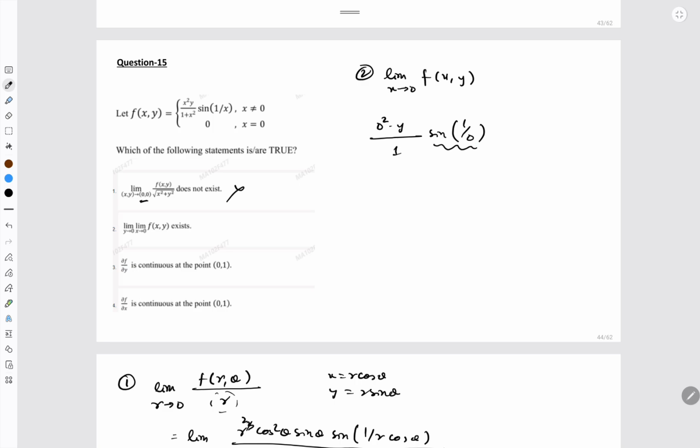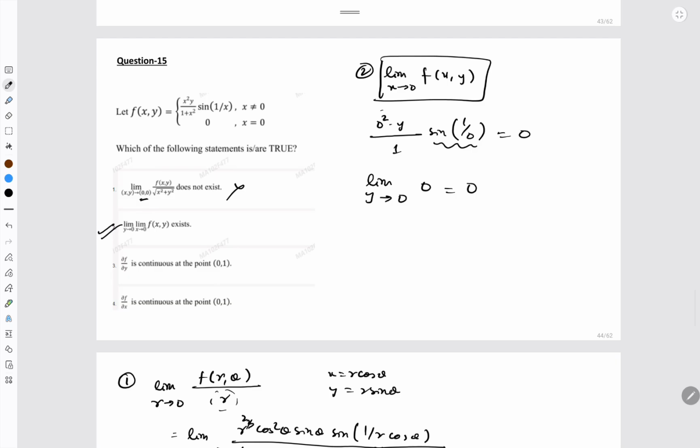This is a bounded function. We don't know the value of sine infinity, but it is a bounded function multiplied by 0, so it is basically 0 only. So limit x tends to 0 of f of x,y is 0 only. It is not dependent on y. So limit y tends to 0 of this, this thing is 0 already, is equal to 0 only. So it exists definitely. So this option is correct.